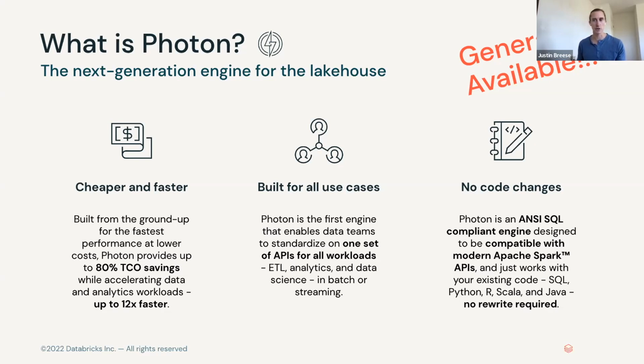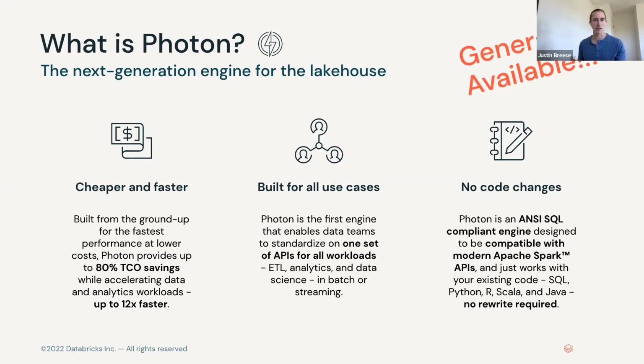And during the preview periods, Photon provides up to 80% TCO savings while accelerating data and analytics workloads up to 12x faster. And the way I like to think about it is, if we're talking about ETL, it's all about cheap. Photon's going to be much cheaper for your runs. If it's for analytics workloads like user, interactive workloads, exploratory data analysis, then Photon is just faster.